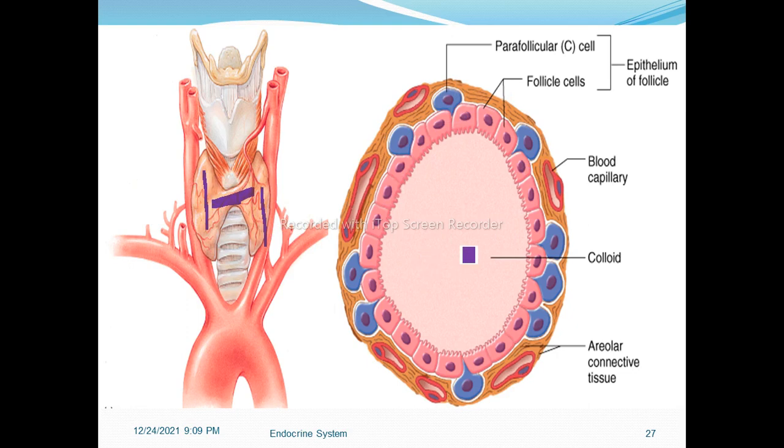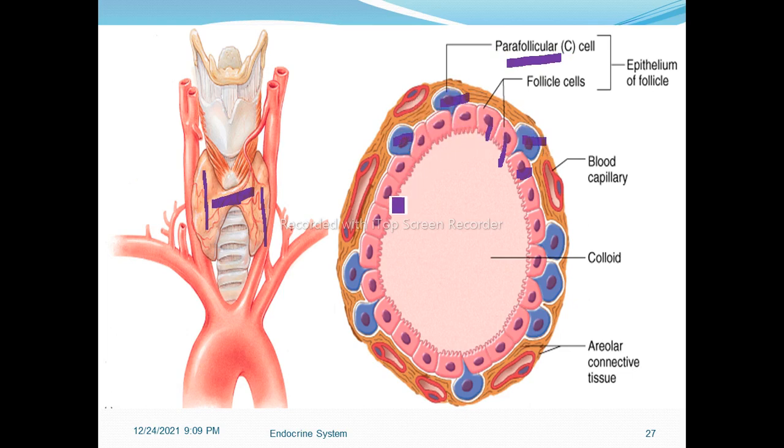Histologically, this is the thyroid gland. These are known as follicular cells. These are parafollicular cells, para meaning adjacent to follicular cells.